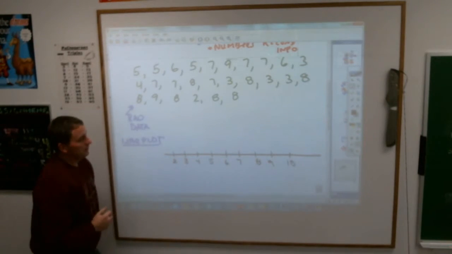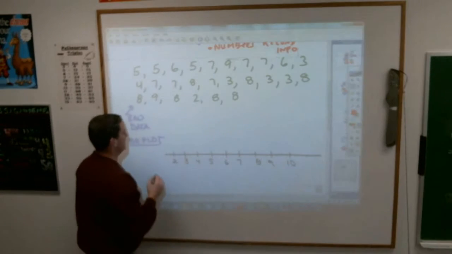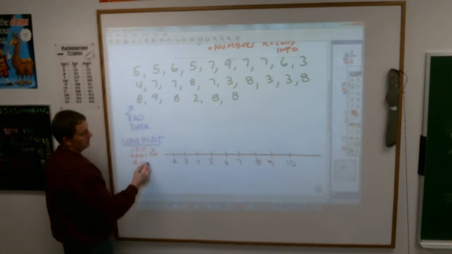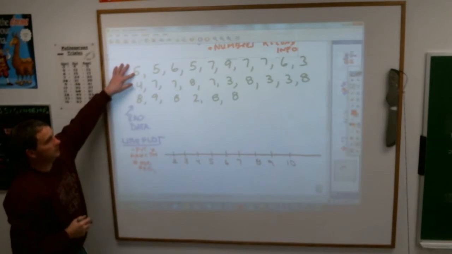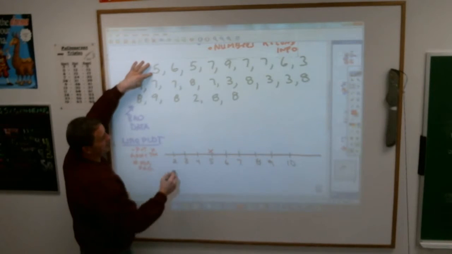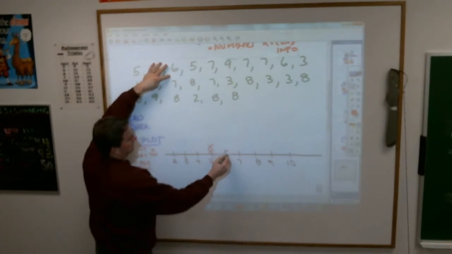Okay. And with a line plot, what you do is you put an X above the number for each data point. Which means, children, this. Okay, here's a 5, so I find my 5 and I put an X above it. A second 5 means I put a second X above it. A 6, an X above the 6.